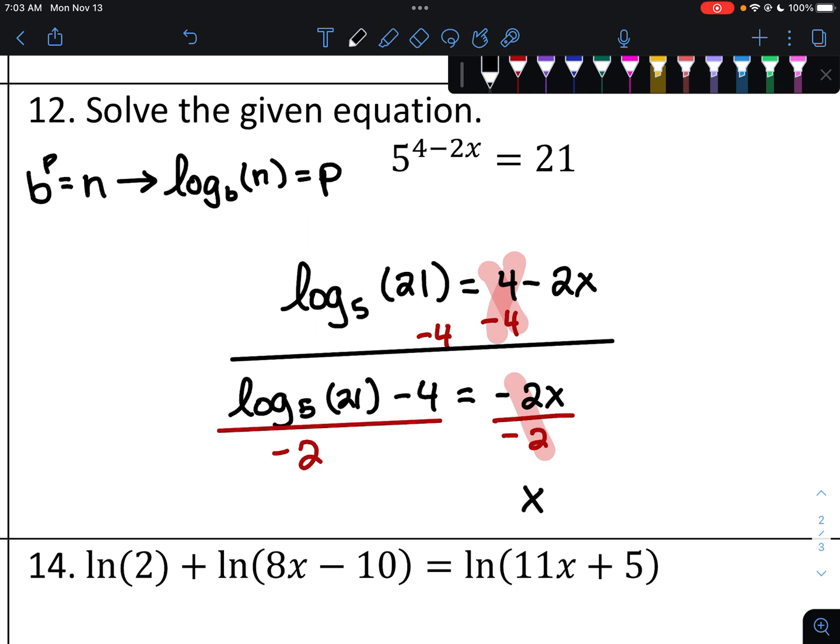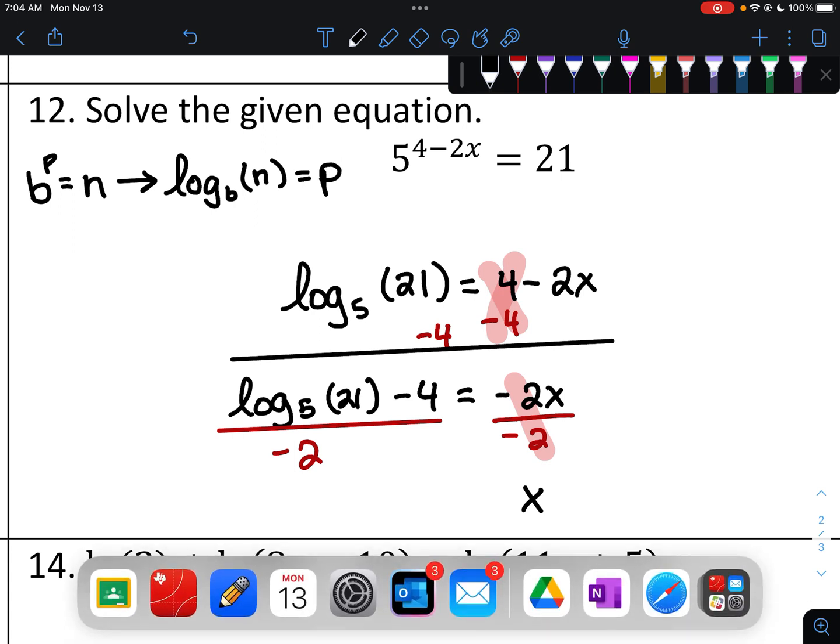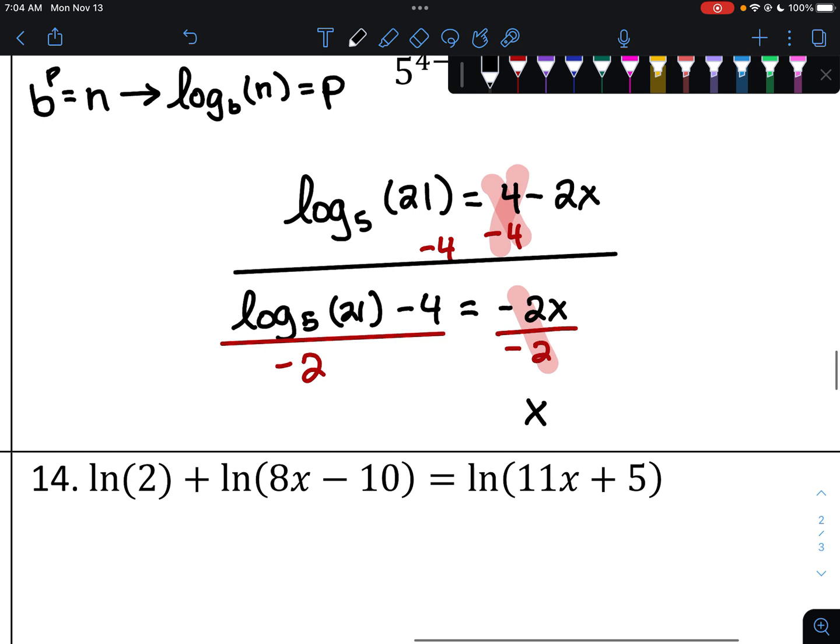Okay, so I'm going to start with the fraction button, alpha x, and then alpha window 5, log base 2 of 21 outside the parentheses minus 4, and it's all divided by a negative 2, and that gives me the x value of, to 3 decimal places, negative 0.196.